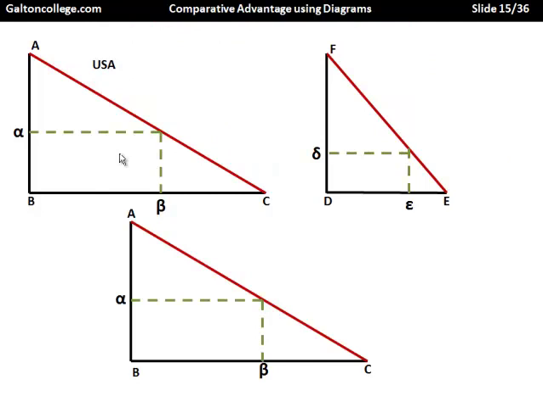Now let's take this diagram here and just move it down here. I just need a bit more space. Same diagram. And this top diagram here, I'm going to rotate it so that the potato axis here, this is the potato axis AB, I'm going to use FG as the potato axis for the UK.